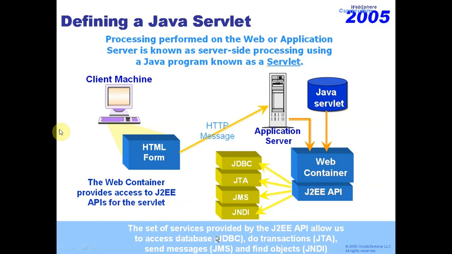So now from the client machine we can access the server, and server is capable to answer anything in J2EE, Java 2 Enterprise Edition. And processing performed on the web or application server is known as server-side processing using Java program known as servlet. So servlet program is here in this application server, and we also connect with the database.